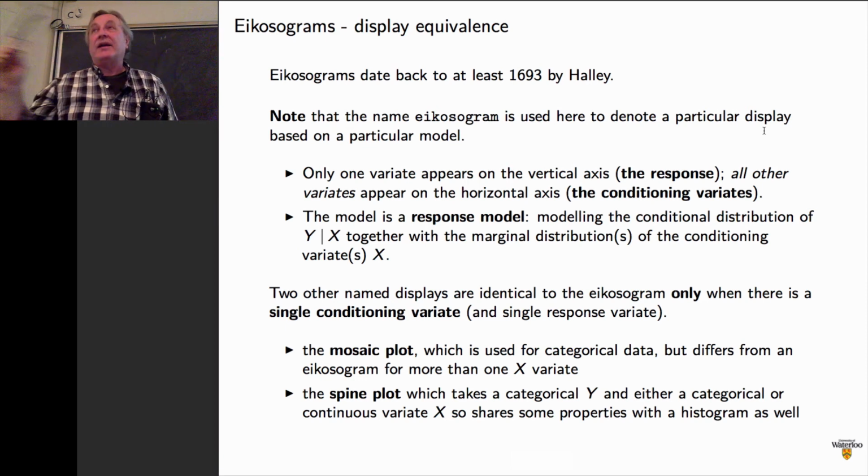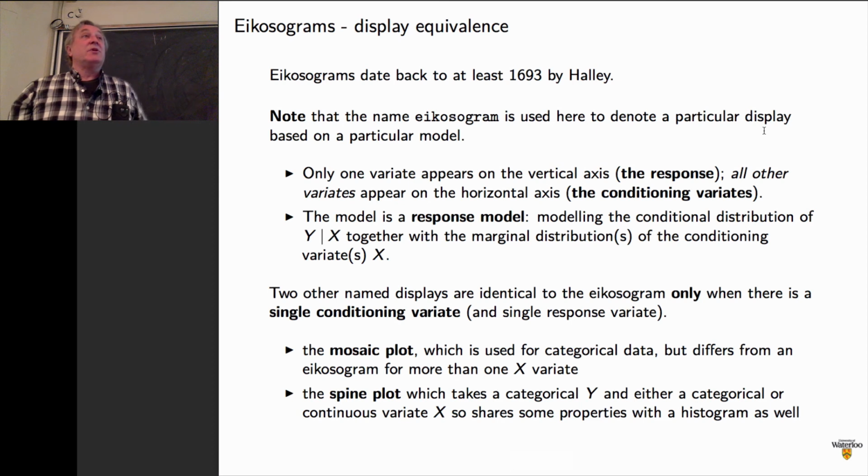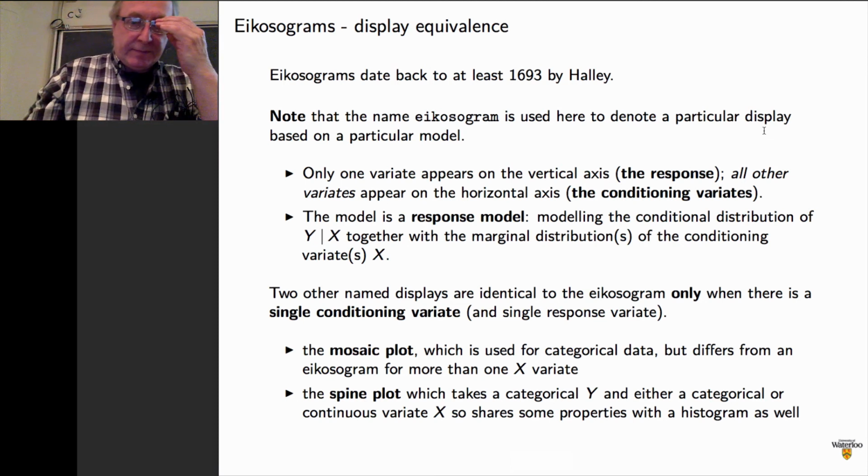So in that sense, it's kind of like a regression model, right? Where you've got one response and a bunch of conditioning variates. So we talked way back about how box plots have an implicit model. These displays of categorical variates have an implicit model. The Eikosogram has this kind of response model built in. Okay.